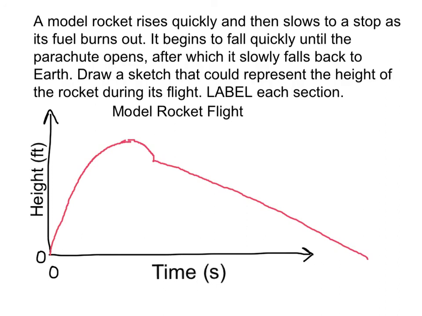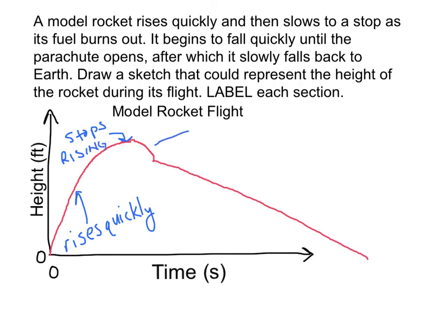We have to label our sections. What's happening here? Well, it started rising quickly. And then what happens here? Well, the rocket stopped climbing. That's when the fuel burned out. So right here, it stops rising. And then it starts falling quickly.